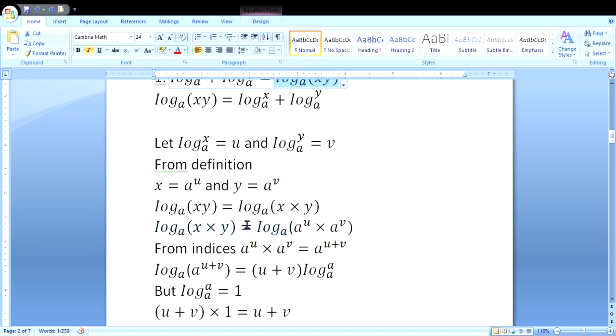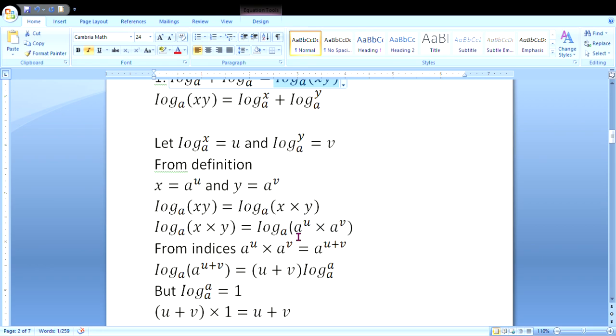Because we are using the right hand side, which says log xy to base a, in place of x we will substitute a raised to the power of u, and in place of y we will substitute a raised to the power of v.